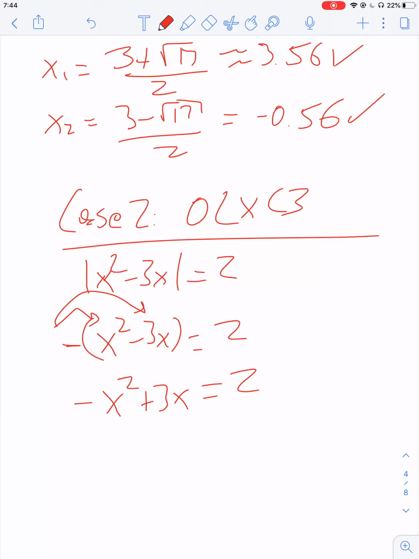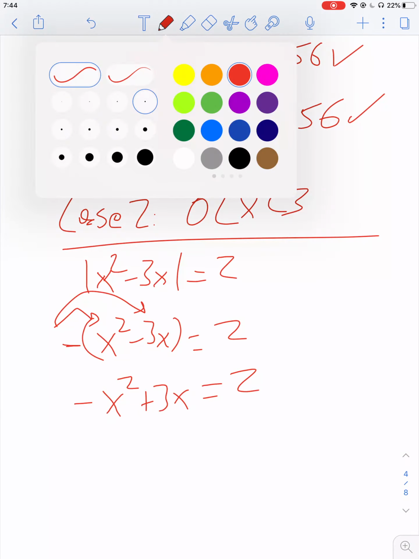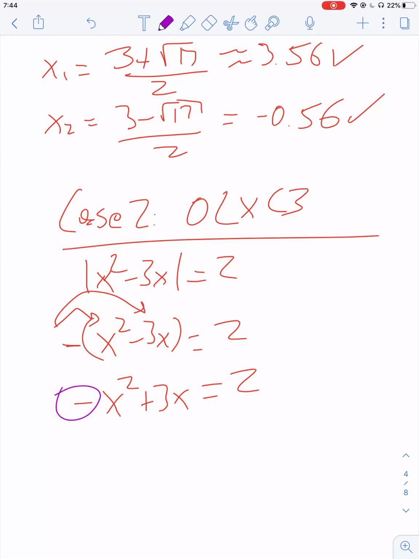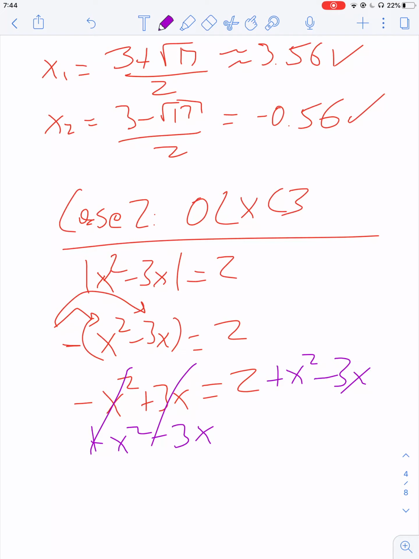Again, I don't like to have a negative coefficient for a, so I'm actually going to move these over to the other side. Many ways of doing it, right? You can just move it over, flip the sign, or you could just do plus x squared and minus 3x. So plus x squared minus 3x, and this disappears.